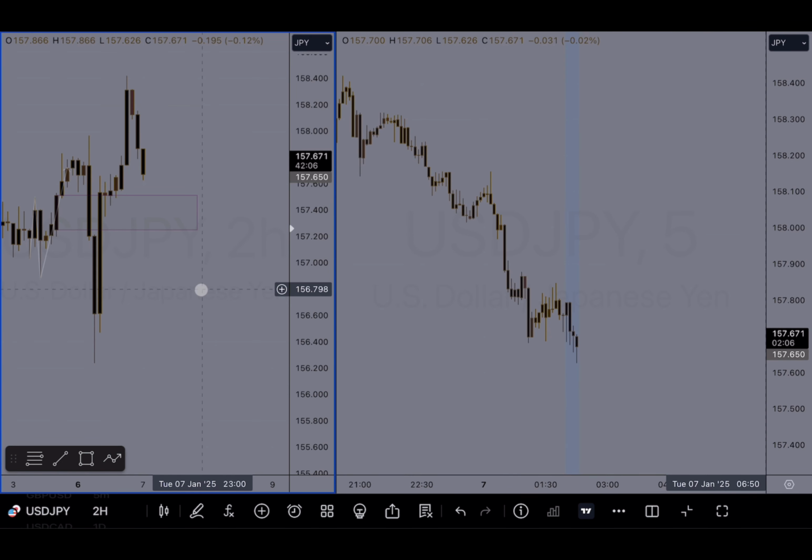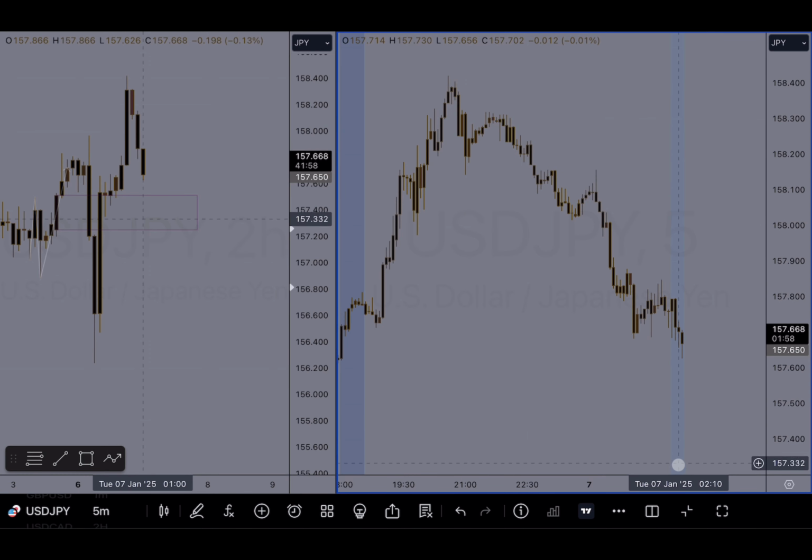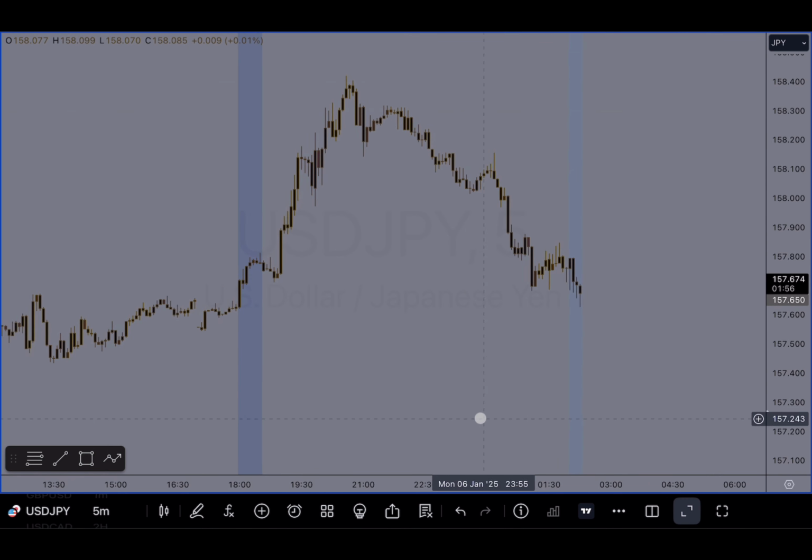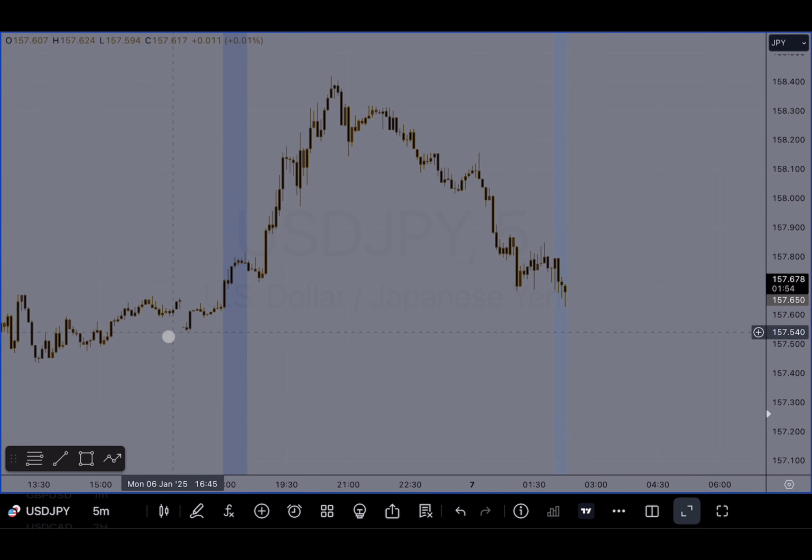Now, having selected our pivot point on a higher time frame, we can drop down to our lower time frame chart, and we can see clearly right here the initial balance already forming for the Asian session. Clearly that time has already passed, so we know the Asian initial balance has already formed.